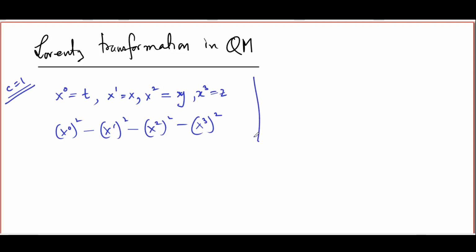Well, instead of talking about the interval between a particular event and the space-time origin, we can also talk about the interval between two neighboring events, and that interval is given by dx0 whole square minus dx1 whole square minus dx2 whole square minus dx3 whole square.